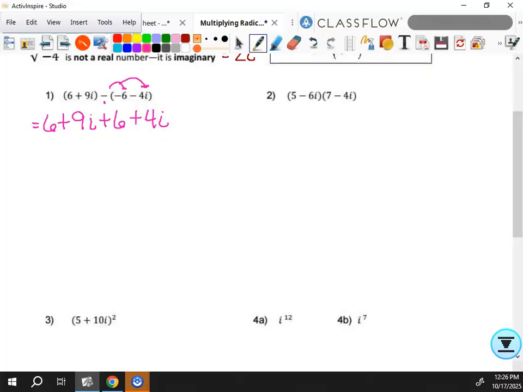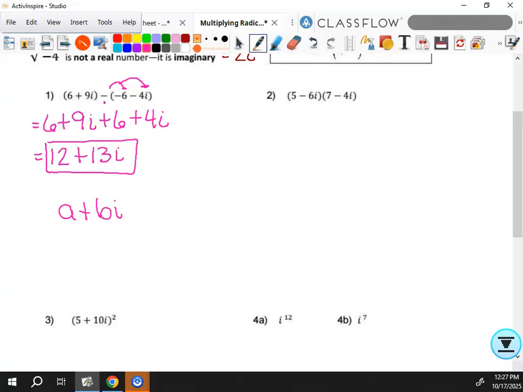So don't mess up the easy stuff because we forget to do certain things with our signs. This gives me 12 plus 13i. And when you have an imaginary number it should always be in the form of a plus bi, so the i term comes second for sure. Okay, we good?